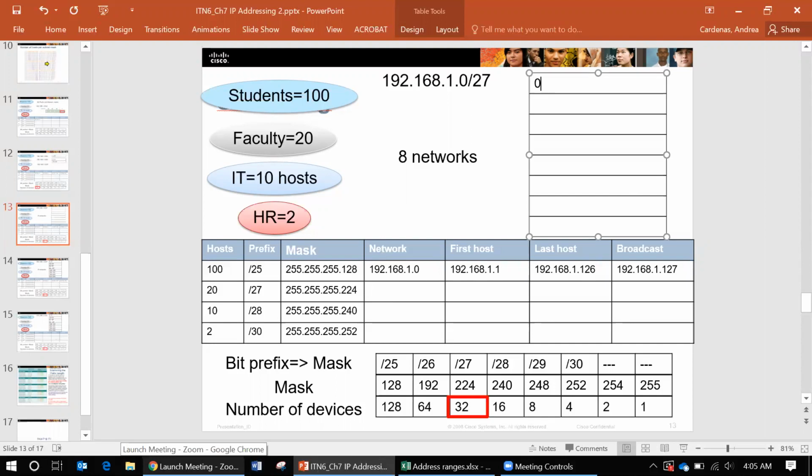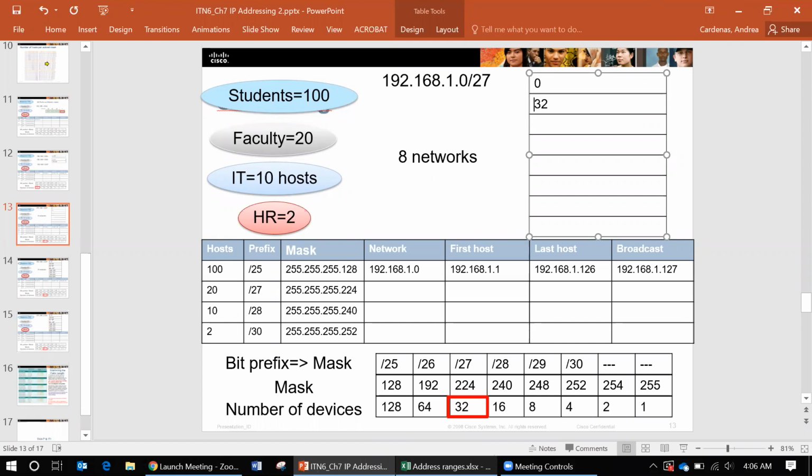Now, how do we do our ranges? Well, you know that there are 32 addresses in each range. That means that our ranges are only going to have 32. So an easy way to determine that would be to just add 32 in each row.